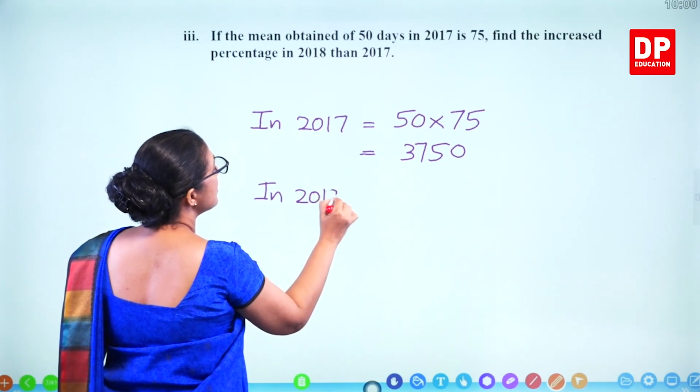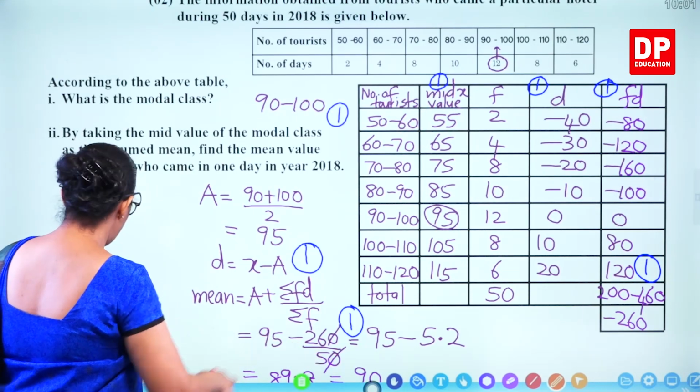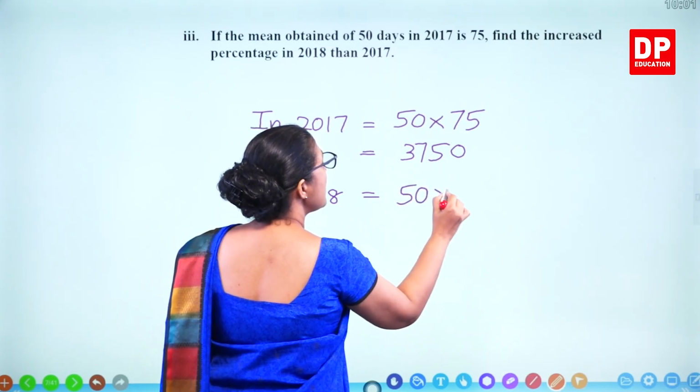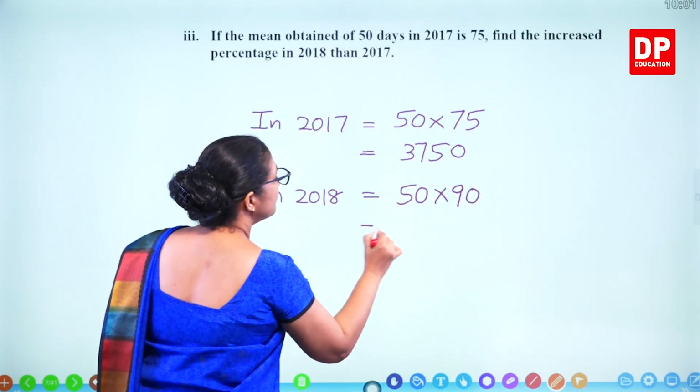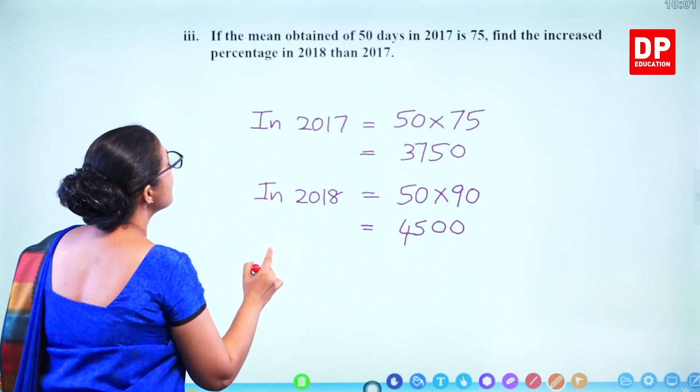And in 2018, I'll take the rounded value 90. So 50 times 90. 4,500. So what's the increased value?